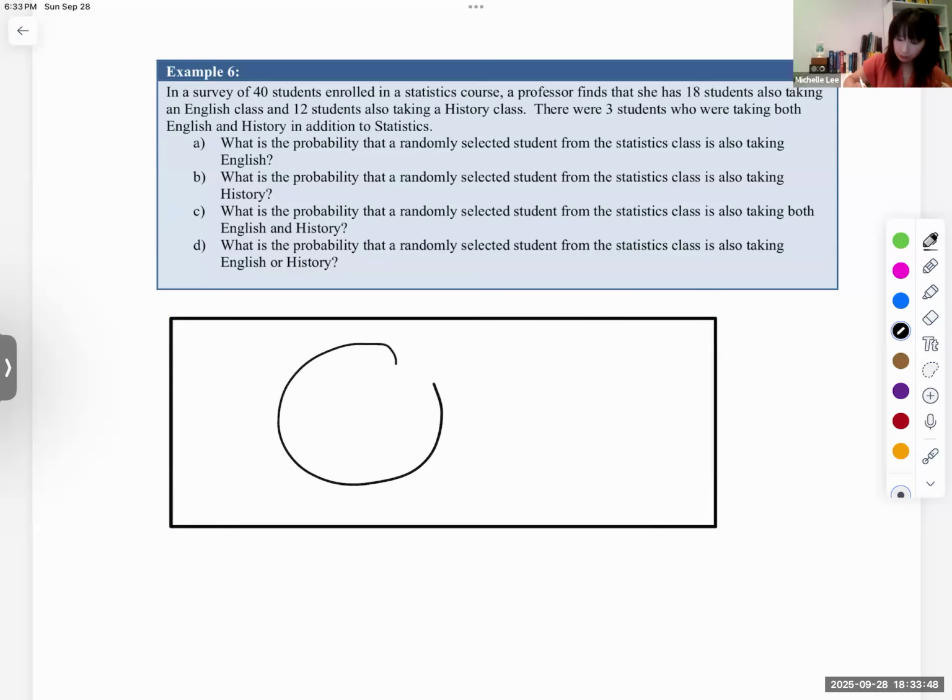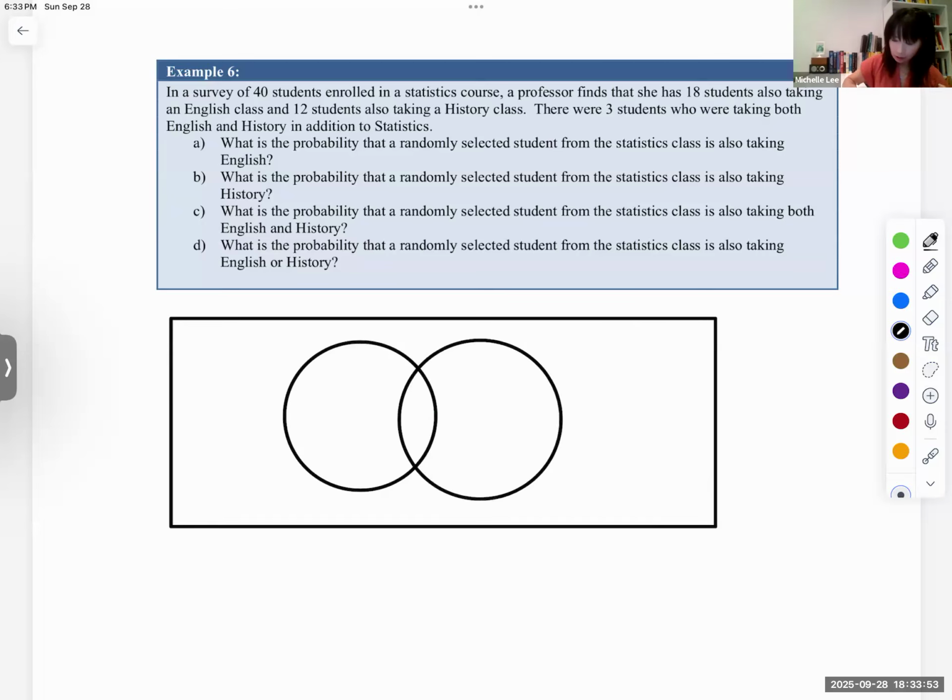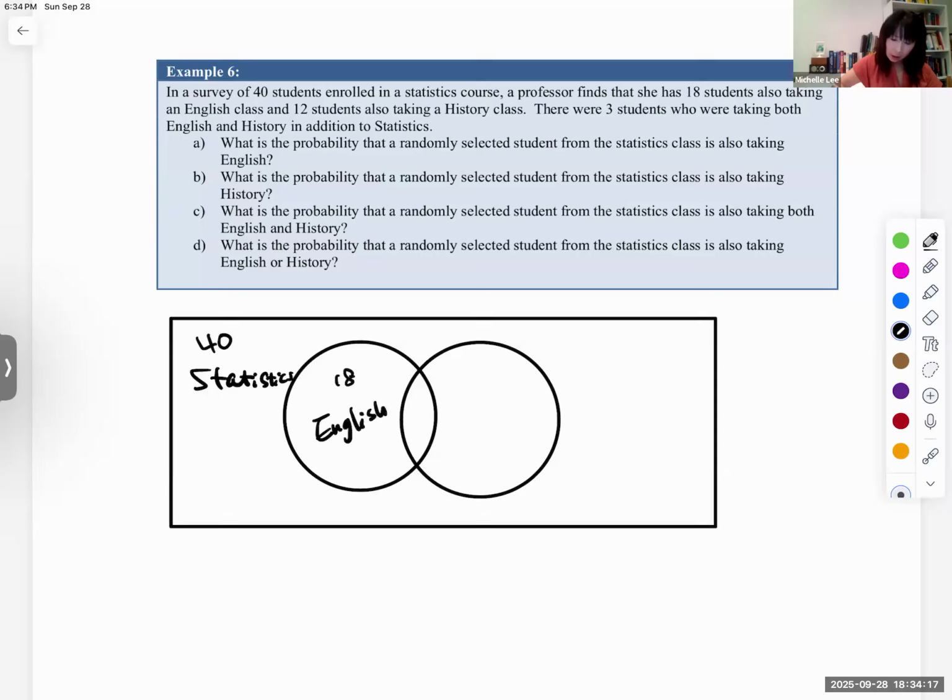We have the sample size, which is 40, so 40 students in the statistics course. Then 18 students take English class, and 12 students take history class.